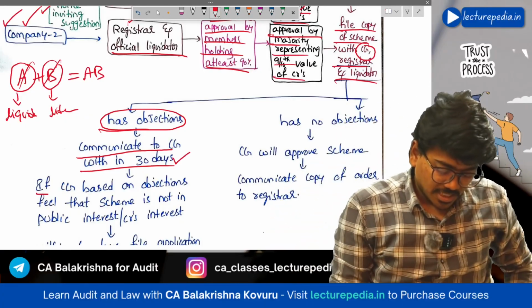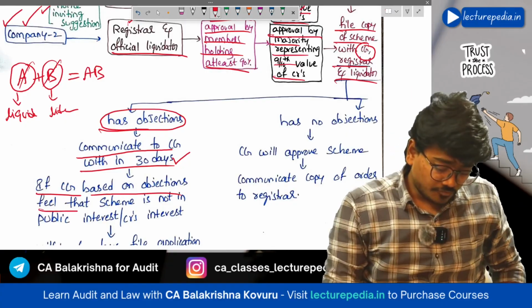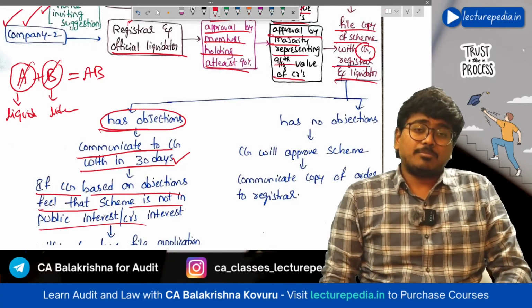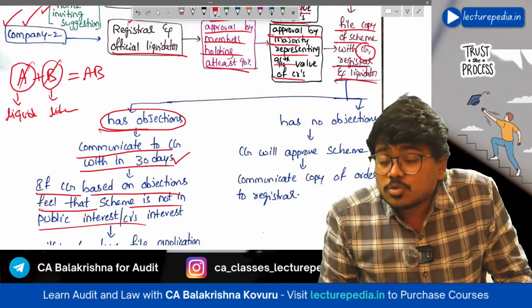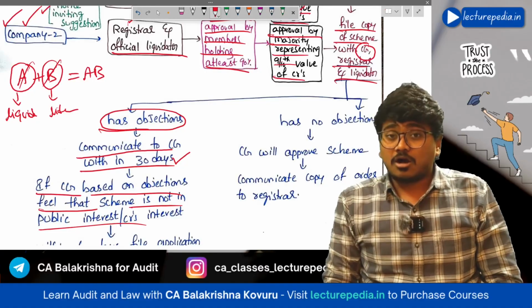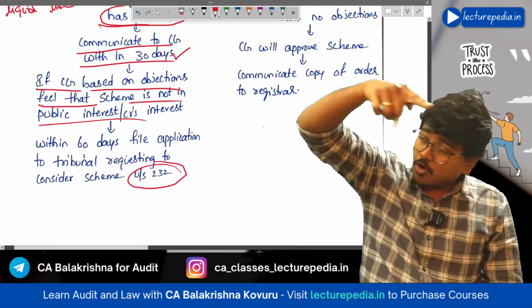Within 30 days. If the central government, based on objections, also feels that the scheme is not in the public interest or creditors' interest, then the central government will order the company to take up this merger under section 232. You follow the regular route.